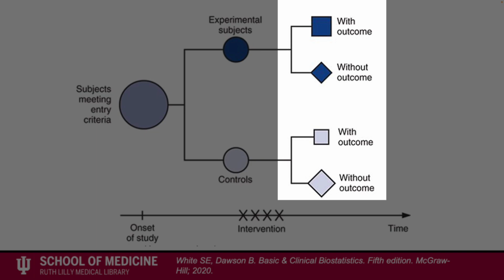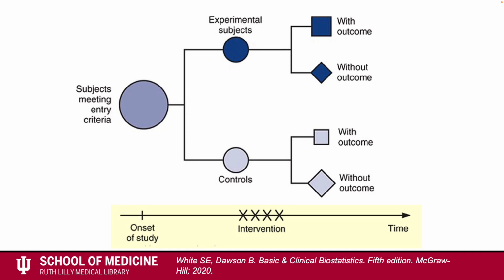Then the researchers analyze who had the outcome of interest, such as maybe a reduction in A1C levels, and who didn't, to see if there's a statistically and hopefully clinically significant difference between the groups. You can see at the bottom here that randomized control trials move forward in real time. That's otherwise known as being prospective.